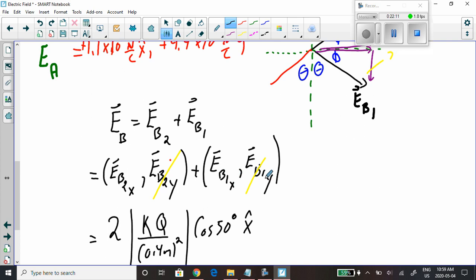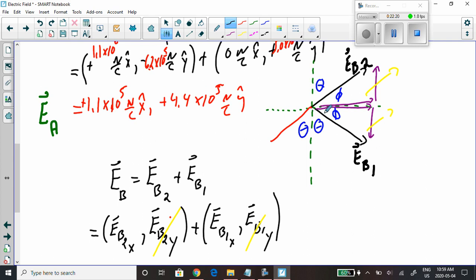But the only thing that's left is the x component, and I've got two of them. The x component is cosine of the phi angle. Here's phi, the x component is adjacent. Here's phi, the x component is adjacent.